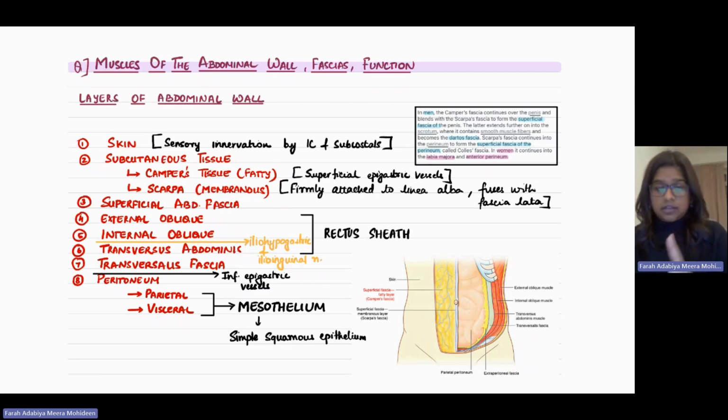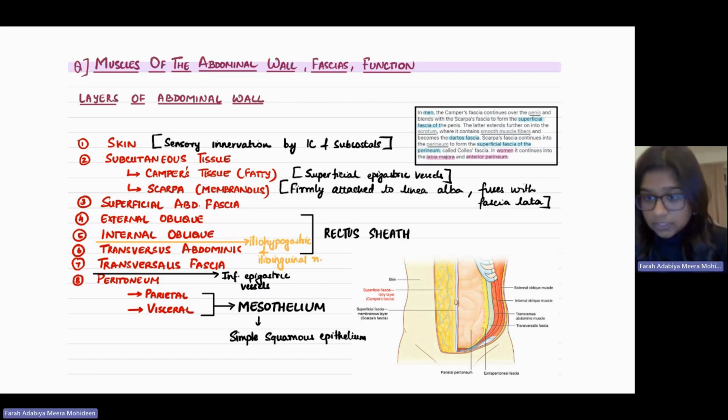Then below that, you have your superficial abdominal fascia, and then comes your flat muscles. 3 flat muscles that we'll talk about: the external oblique, internal oblique, and transversus abdominis. All these 3 muscles together form the rectus sheath as well. The aponeuroses of these muscles, not the muscles themselves, form the rectus sheath.